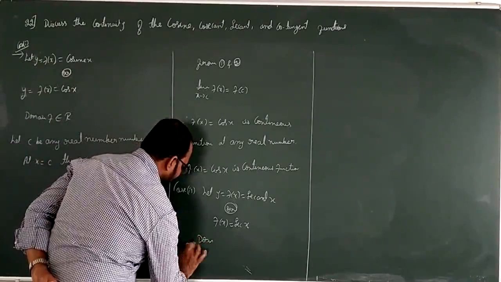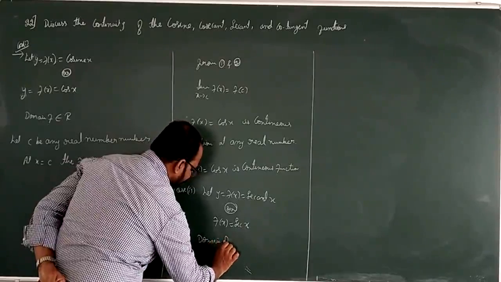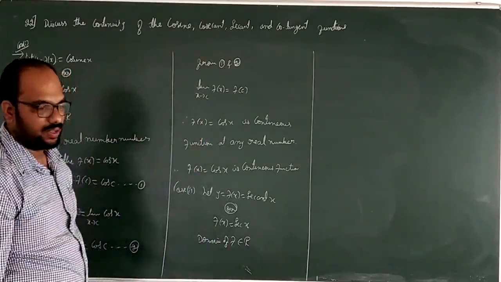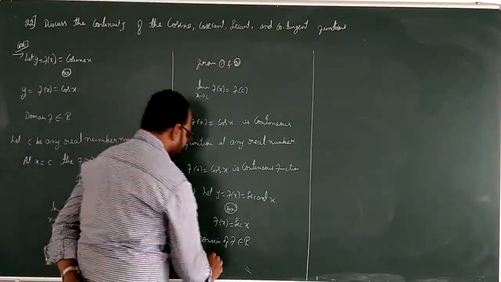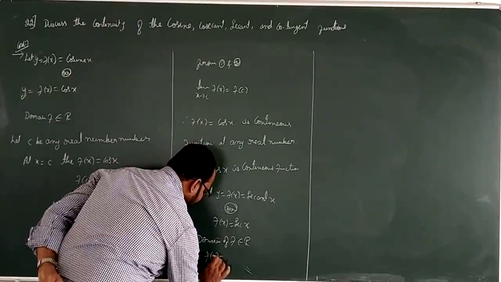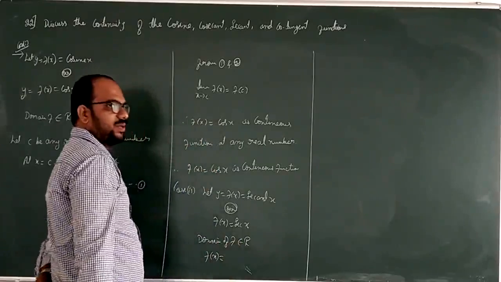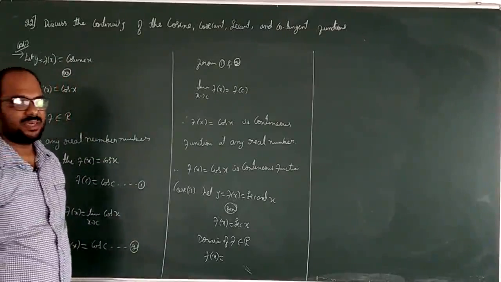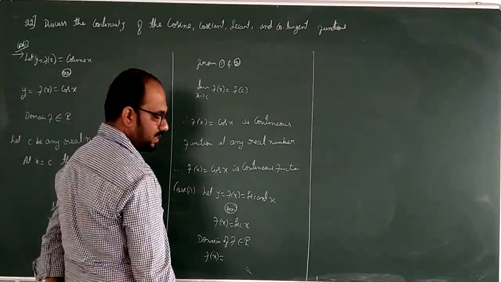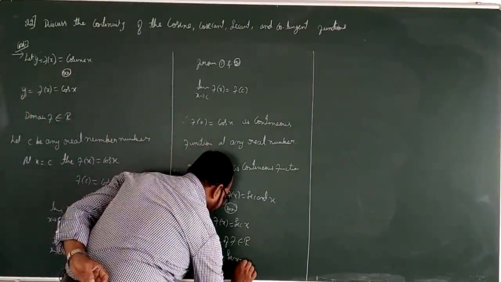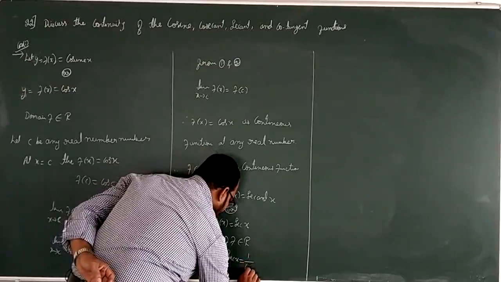The domain of f belongs to real numbers. f of x is equal to secant x, which is the reciprocal of the cos function. f of x is equal to secant x is equal to 1 divided by cos x.